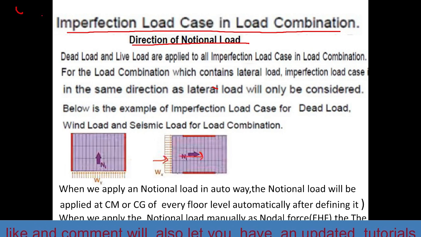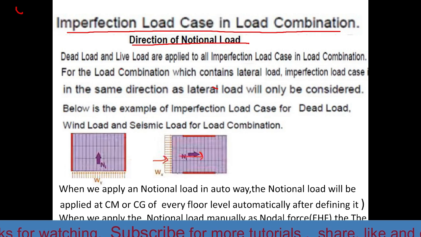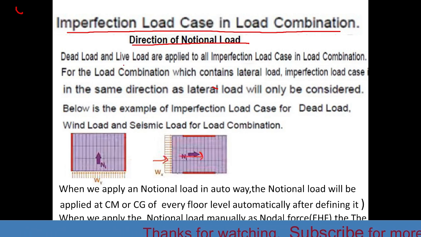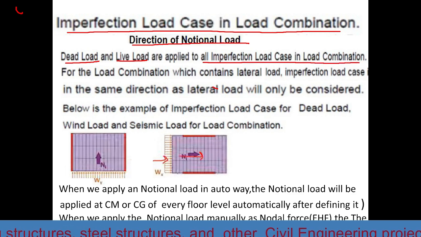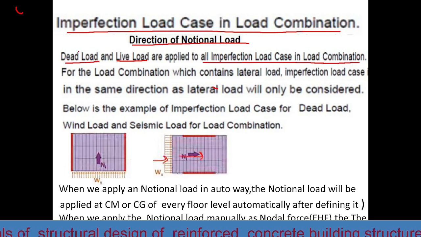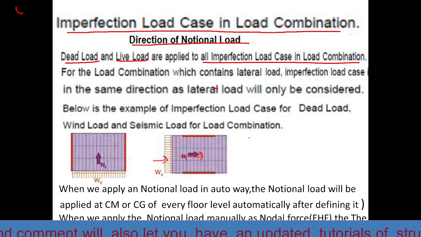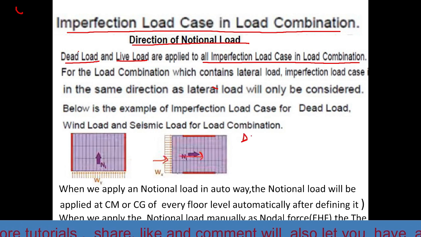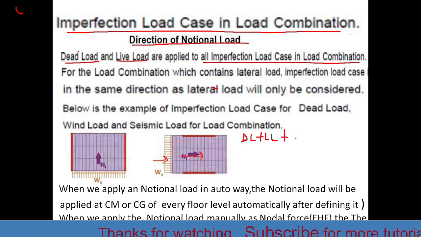This depends on the direction of the lateral force, such as the wind and the seismic, which is applied on our structure. The dead load and live load are applied in our imperfection load case in load combination. That means in all the combinations we can apply the dead load and the live load, that is the dead load plus the live load plus the imperfection load.